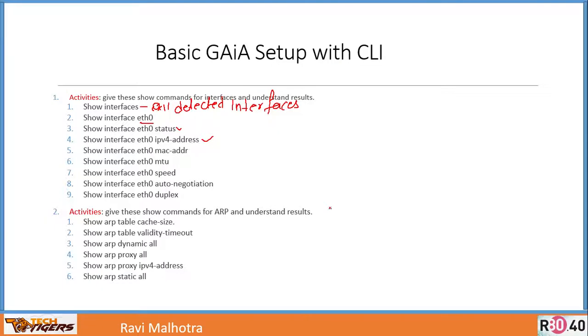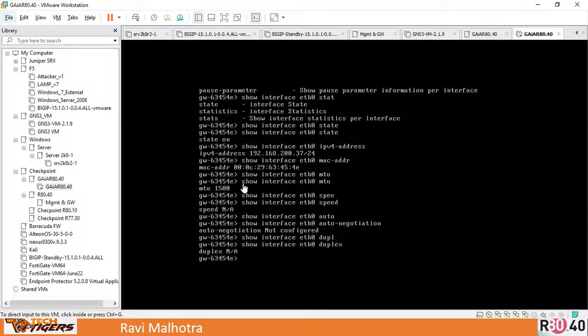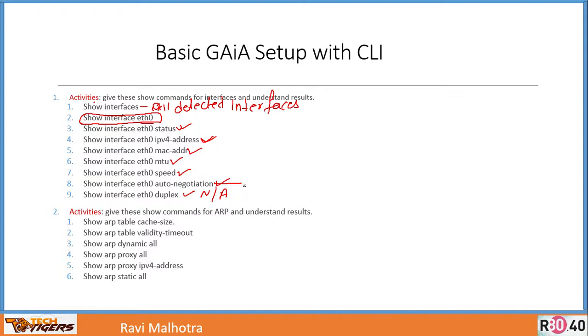So this is how we can see the properties of interfaces individually as well, but the earlier command shows you everything right there. So the duplex result is not applicable. Negotiation is not configured.